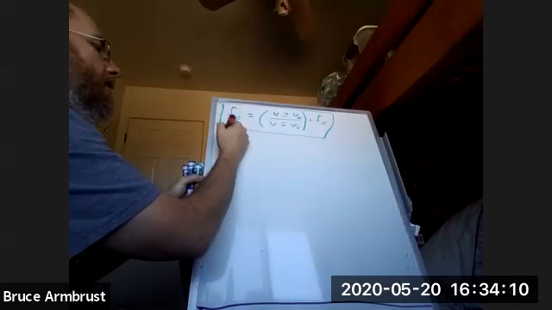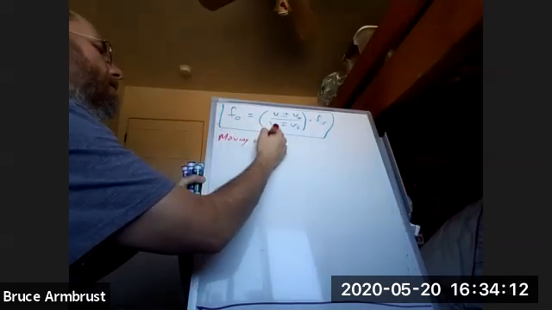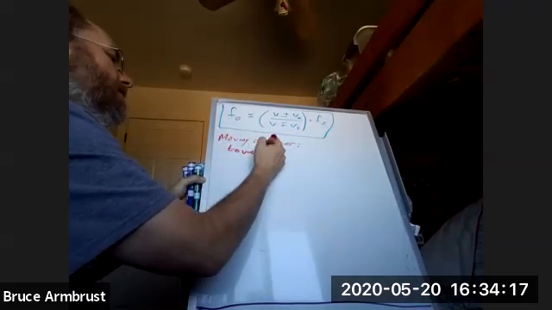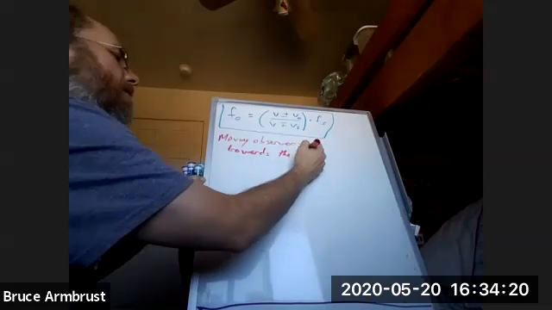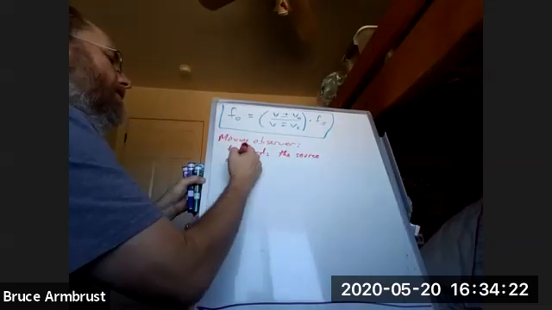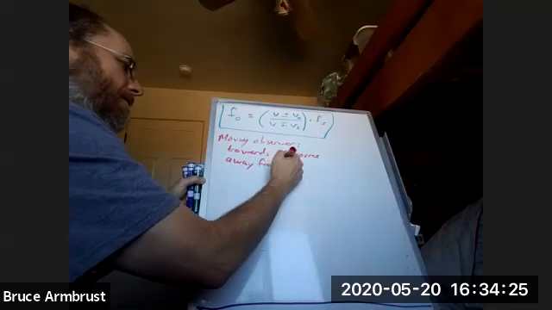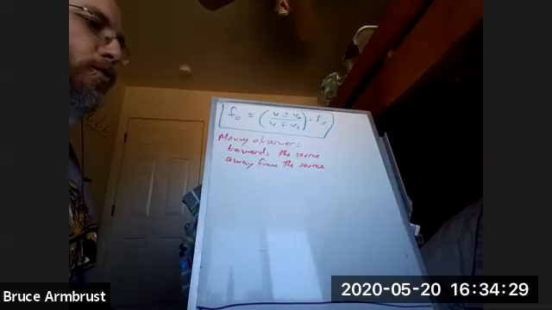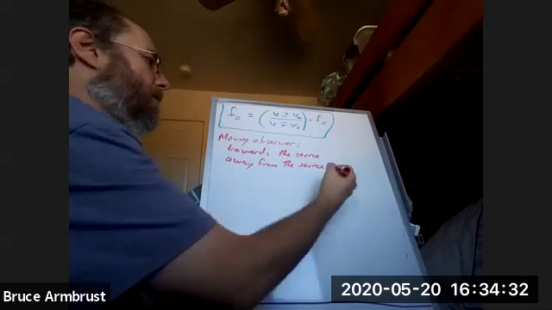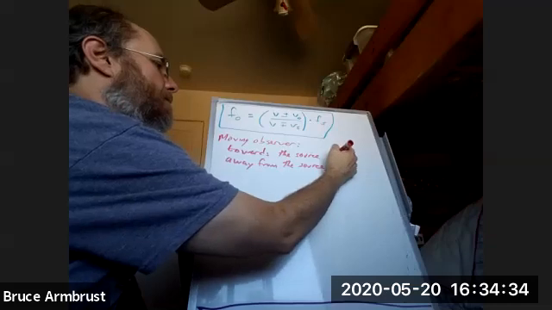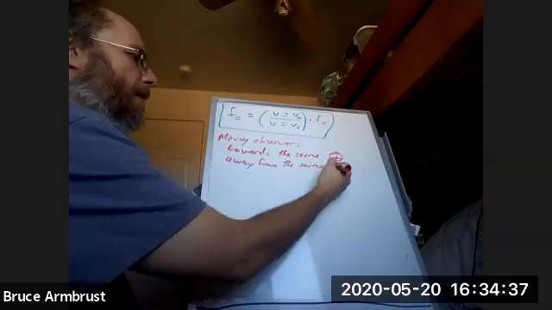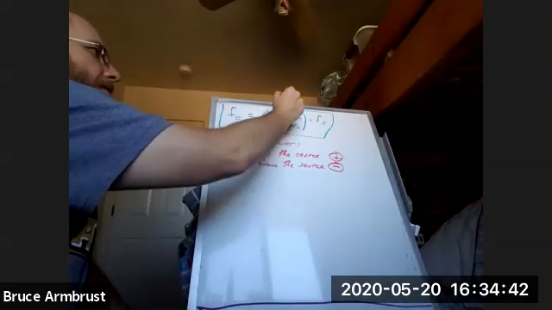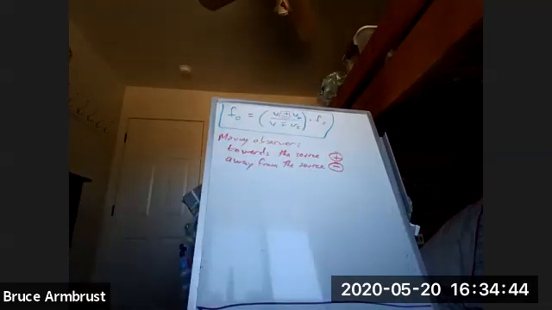If we have a moving observer, we really have two things: one is towards the source, and the other is away from the source. If we're moving towards the source, we're going to use plus. If we're moving away from the source, we're going to use minus. So that's this one on top.